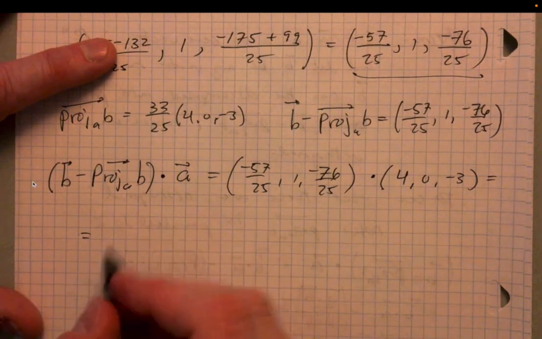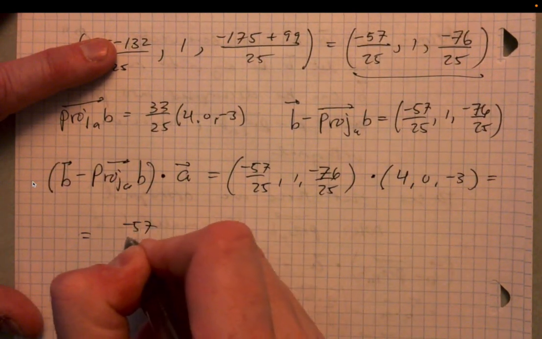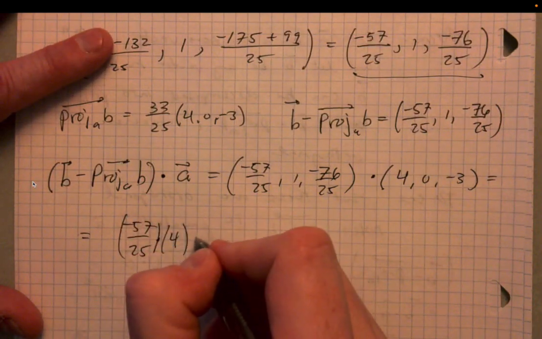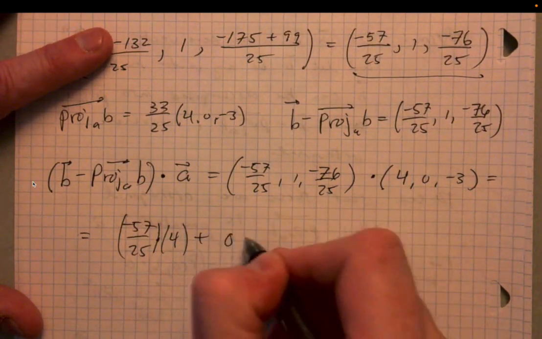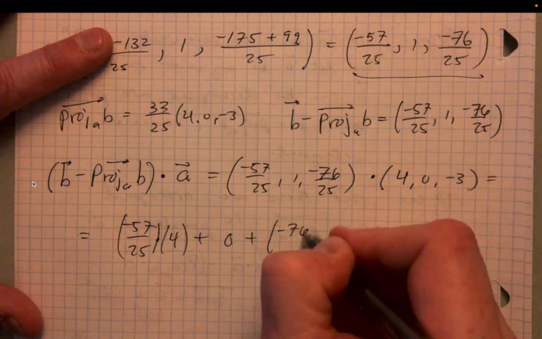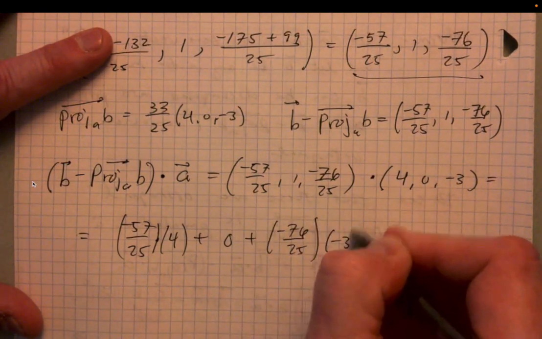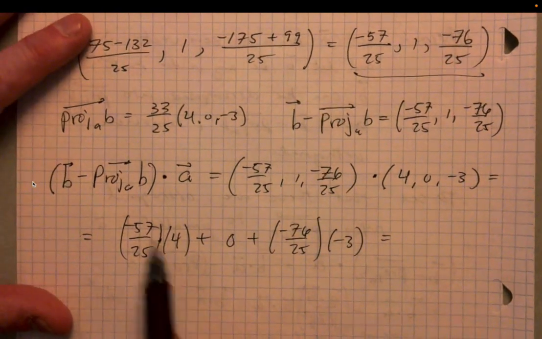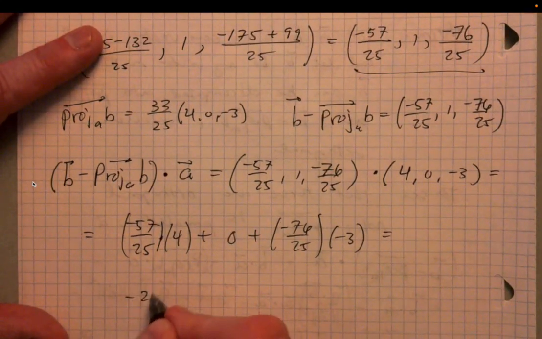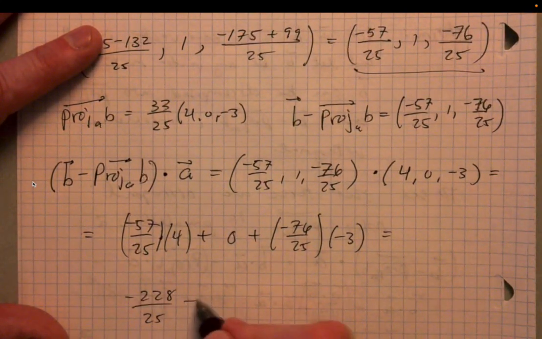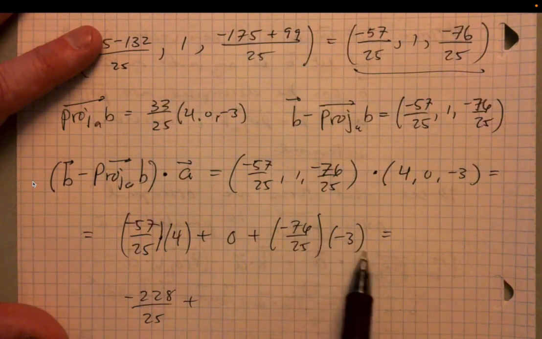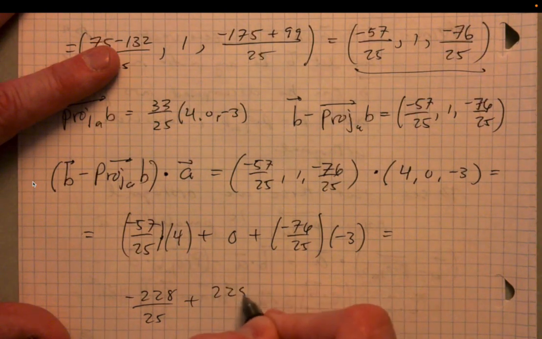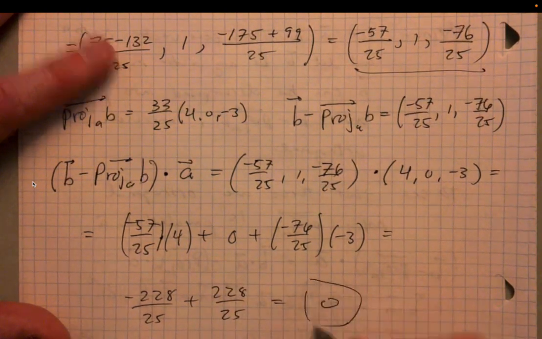Negative 57 over 25 times 4, plus 1 times 0, so 0, plus negative 76 over 25 times negative 3. We expect this to be 0. 4 times 57 is 228, so that's negative 228 over 25, plus 76 times 3, which is positive 228 over 25, and so naturally you get 0.